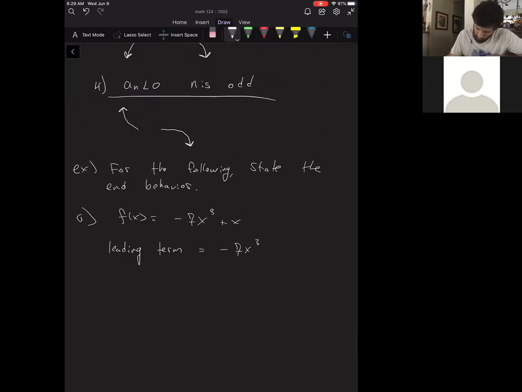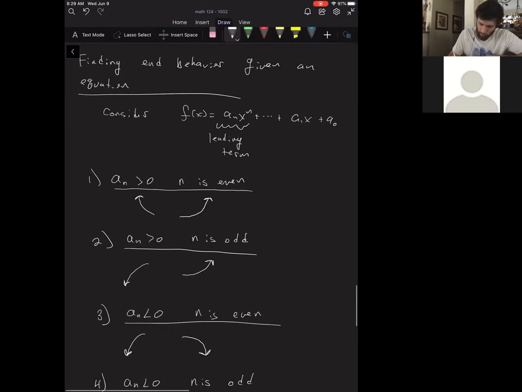Let's define that up above. So we have that whole thing as a leading term. Just so we have it written down, we'll say a_n is the leading coefficient. So the whole thing is the leading term, and a_n is just going to be the leading coefficient.